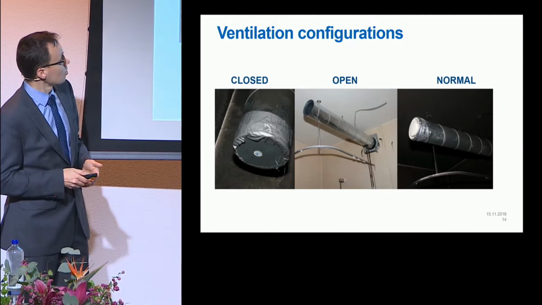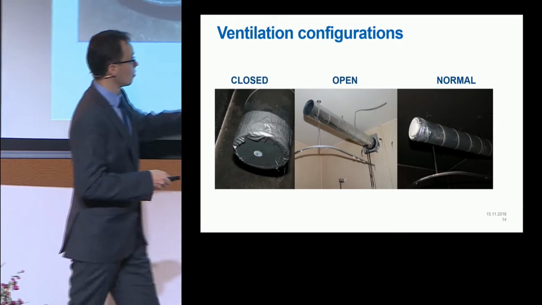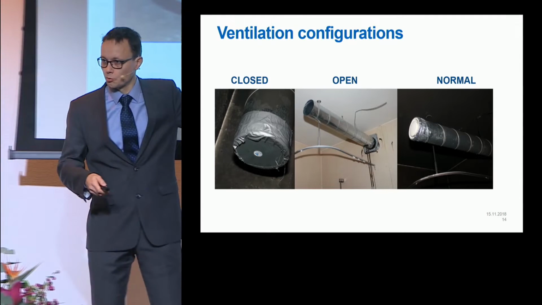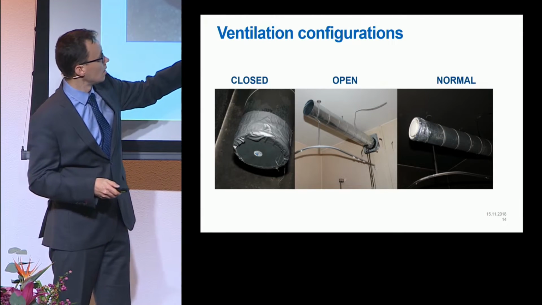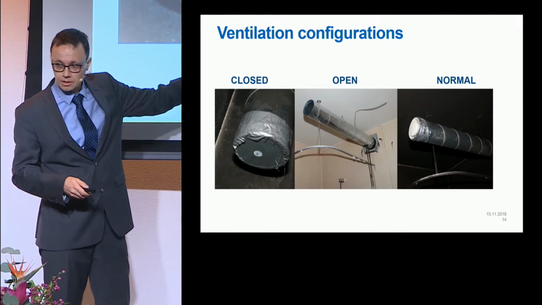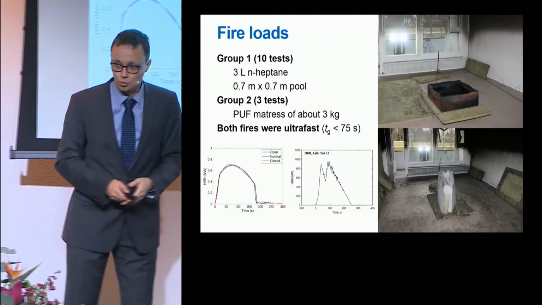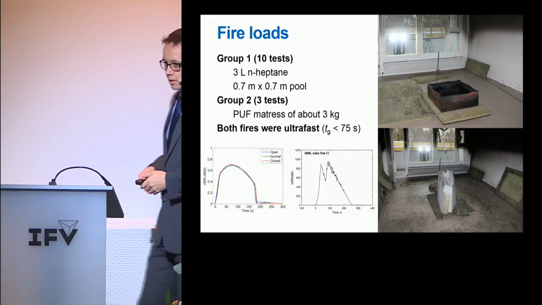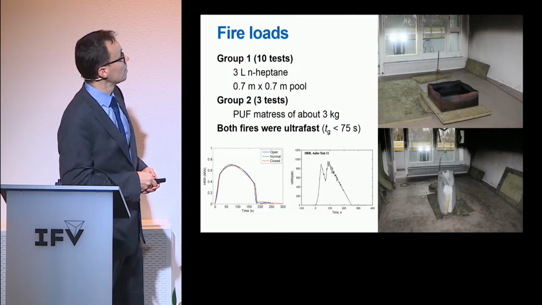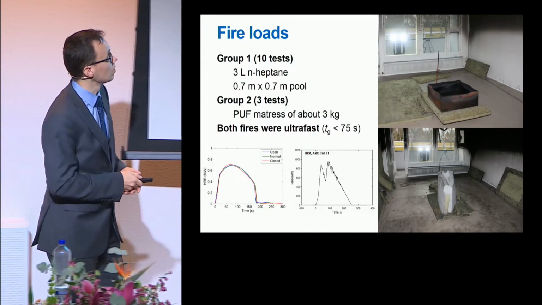So we did experiments in 3 different configurations: the so-called normal configuration, where we had ventilation ducts equipped with the normal equipment, then we opened the ventilation ducts entirely, and then we also closed them entirely. We used 2 different fire sources, a pool of heptane, about 3 liters of heptane in a 0.7 meter square pool.